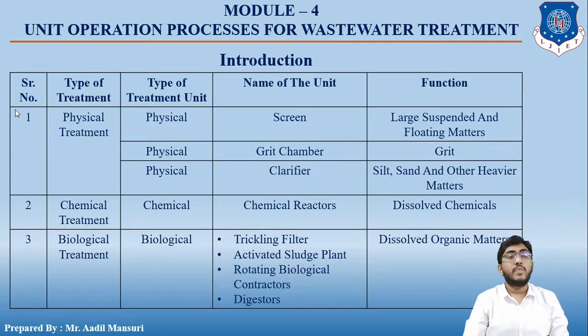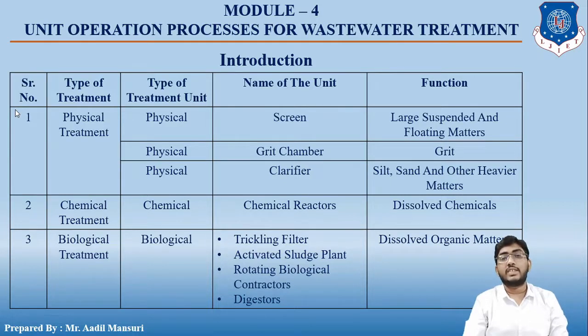So the first physical treatment is the screen, and in the screen you can remove large suspended and floating particles. The second one is the grit chamber, in which you can remove grit, and the third one is the clarifier, in which you can remove silt, sand and other heavier matters.